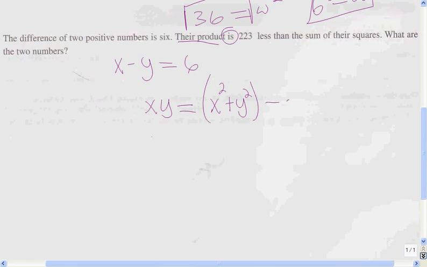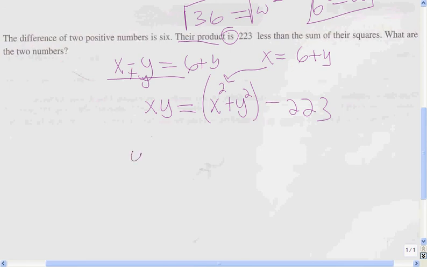parentheses, minus 223. Right? So it's 223 less than the sum of their squares. Let me make sure I'm saying the sum of their squares. Yeah, so I square them, then I add them. Okay, there we go. So I'm going to use this equation. I'm going to add y to both sides, and what I get is x equals 6 plus y. And then wherever I see x, I'm going to write 6 plus y.